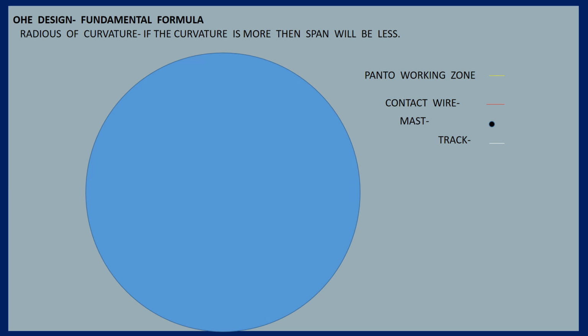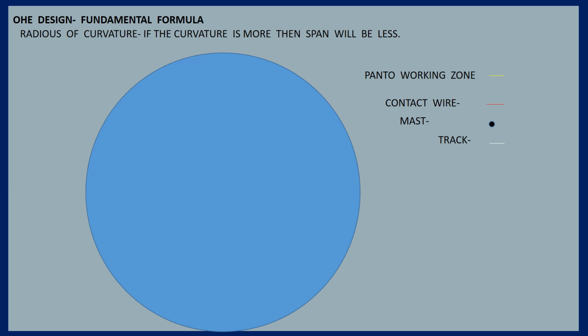Our OHE span is restricted to 72 meter maximum. Nowadays it is 63 or 67.5, sorry, a multiple of 4.5, and the minimum span is 27. All spans must be multiples of 4.5.